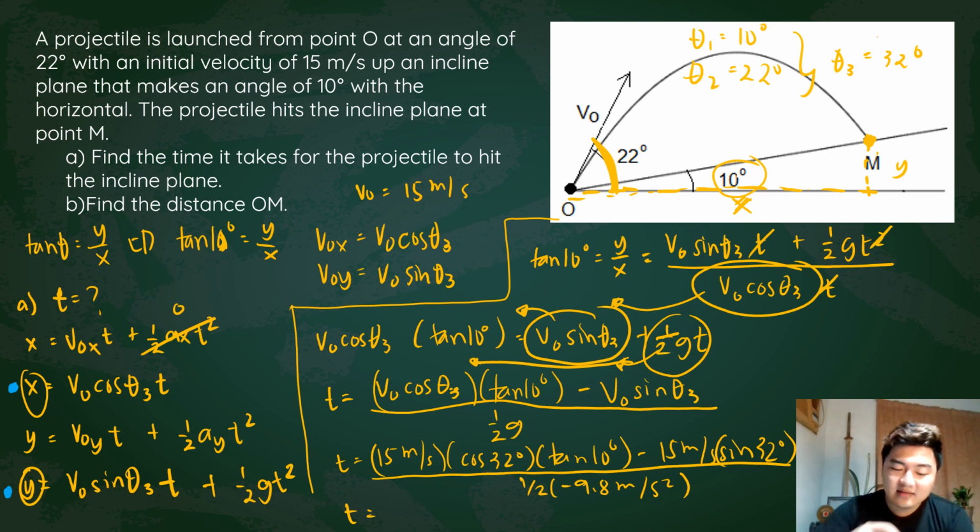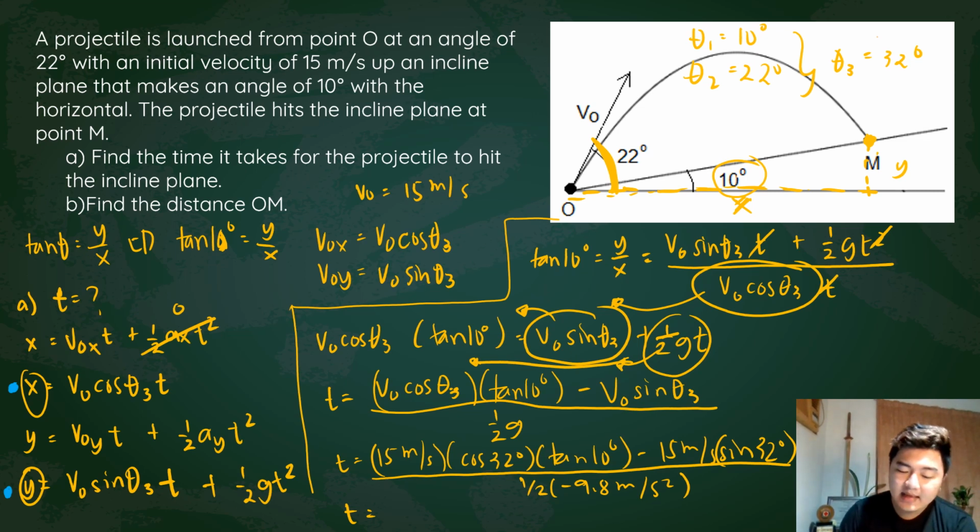So keying that in our calculator, that's 15 times cosine 32 times tangent 10 minus 15 times sine 32 divided by 1/2 times negative 9.8.